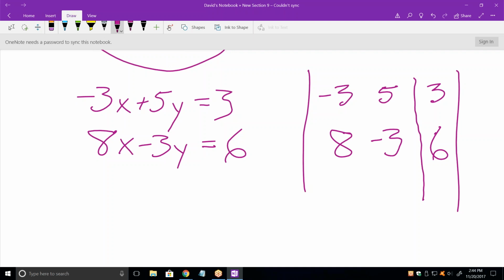In other words, the great power of matrices is to be able to solve lots of equations with lots of variables. You've had to solve 2 equations with 2 variables many times. And we could do that. We could use one of those 2 techniques to solve this.